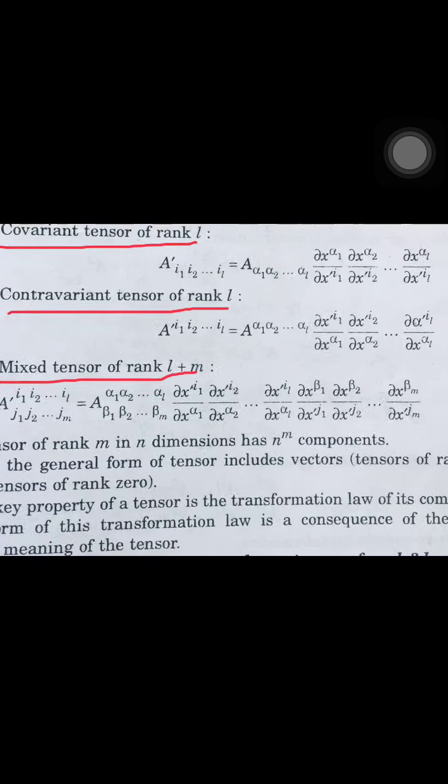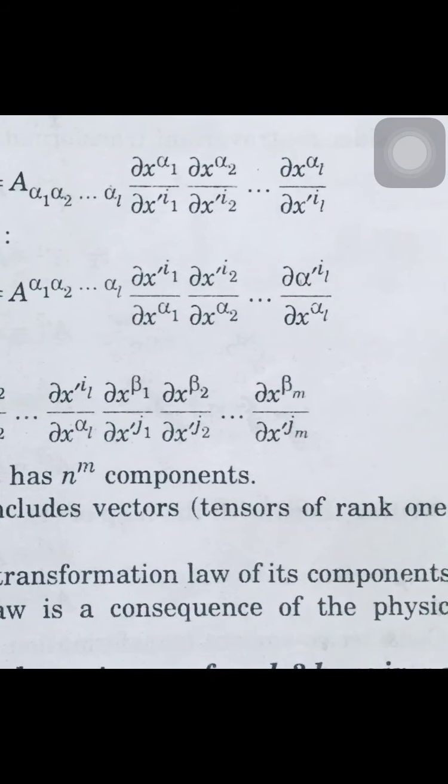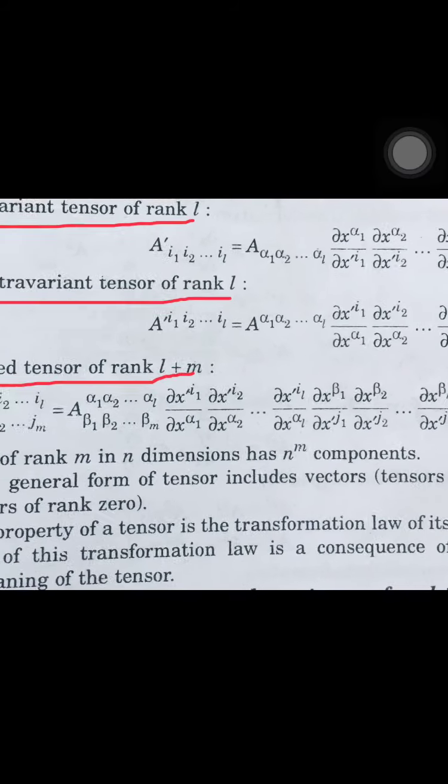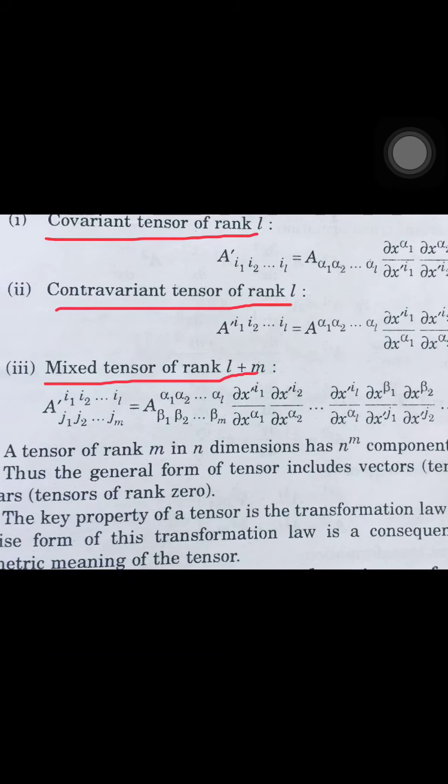So you are seeing here a mix of this. Here i1 to iL dash system are in numerator, while j1, j2 up to jM are in denominator. Covariant and contravariant mix. Therefore, it is also called mixed tensor of L plus M.